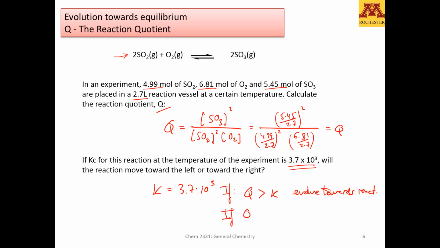If it's the other way around, the Q is smaller than K, it means that my numerator is not large enough. Therefore, I need more products. So it will evolve towards products. Okay, so notice that we can already predict the outcome even though we do not calculate the exact value of Q.